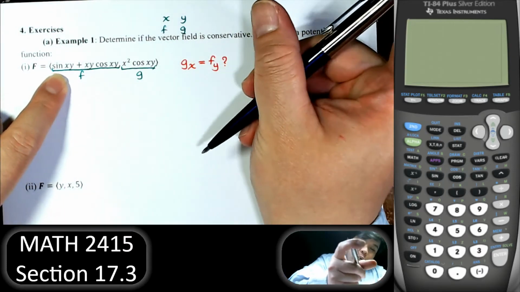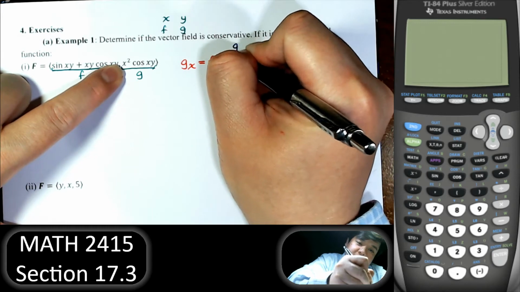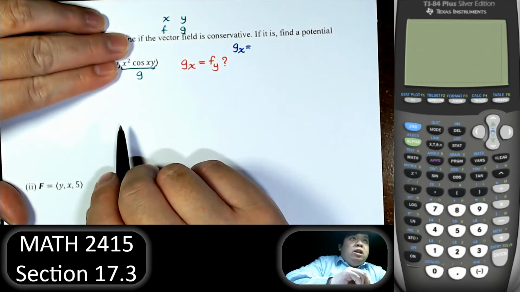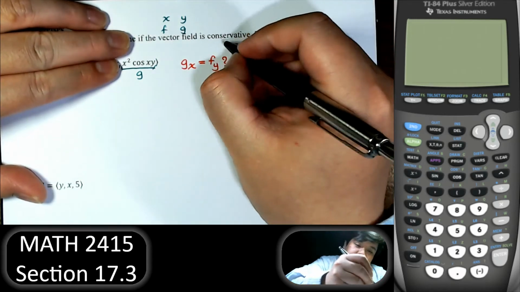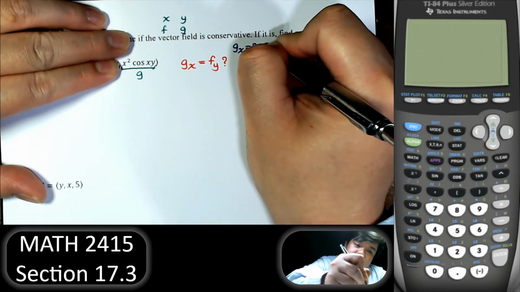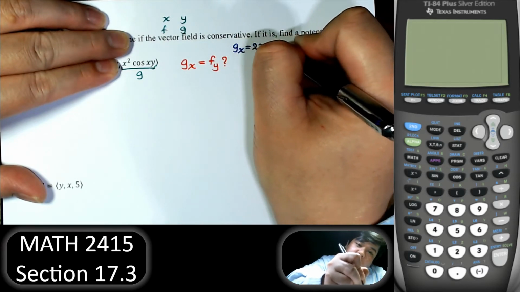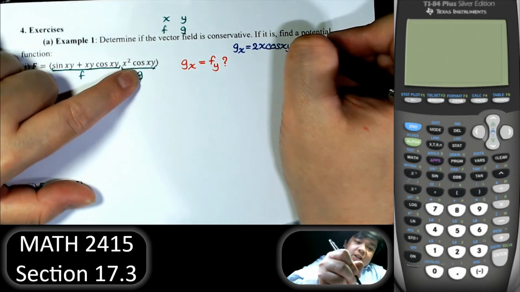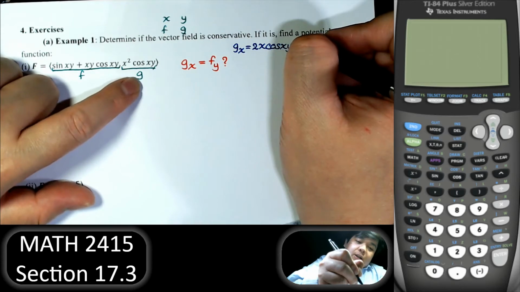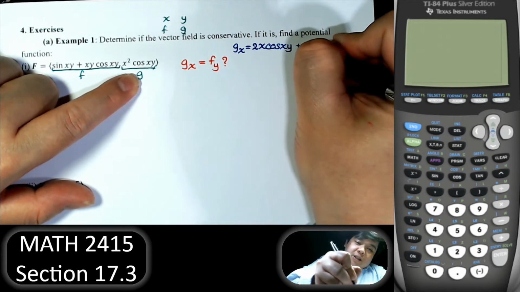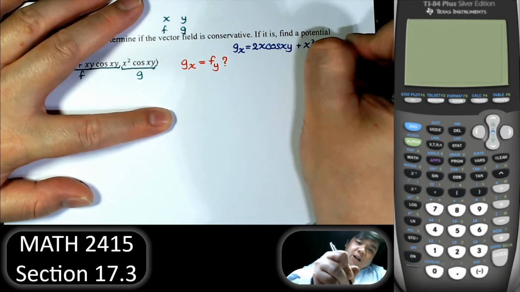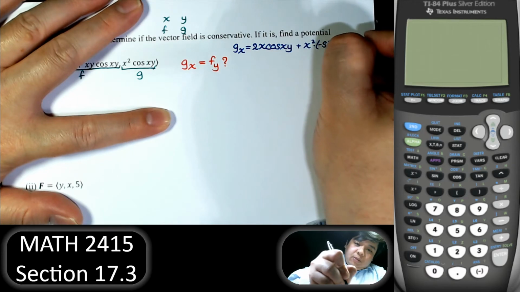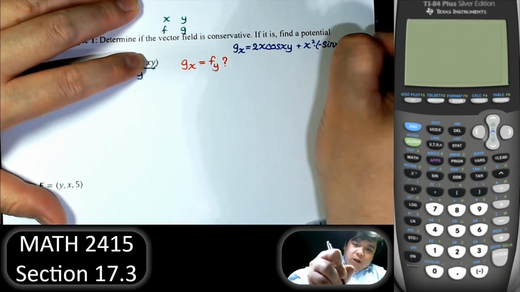So we take the derivative of g with respect to x. The derivative of g with respect to x has to use the product rule: 2x times cosine of xy, plus x squared times the derivative of cosine xy with respect to x, which is negative sine xy, and then by the chain rule times y.